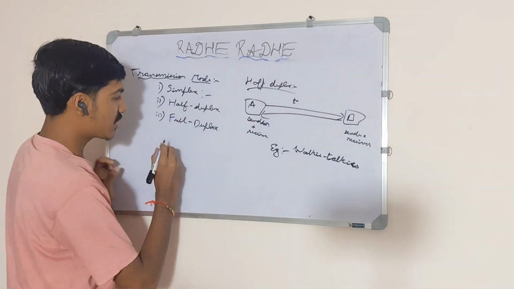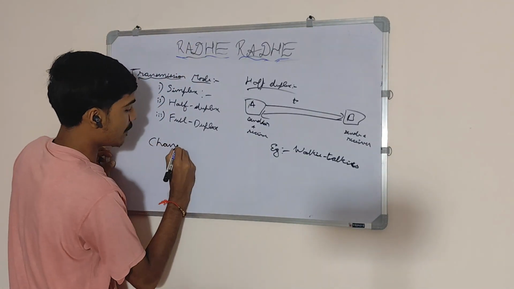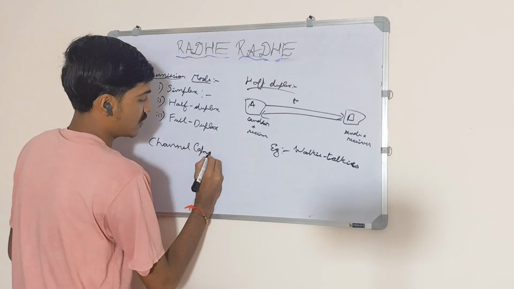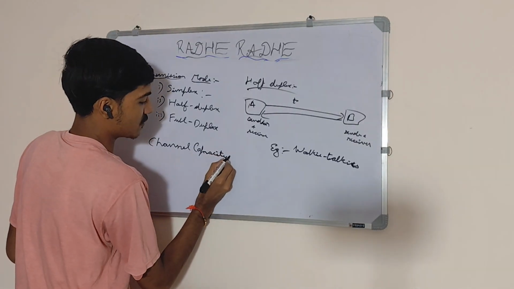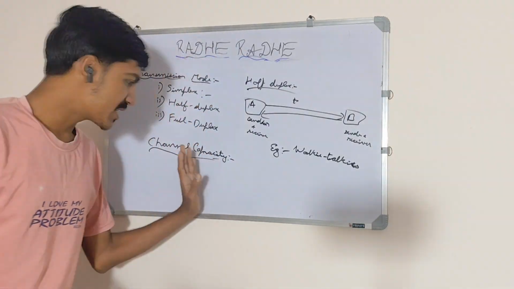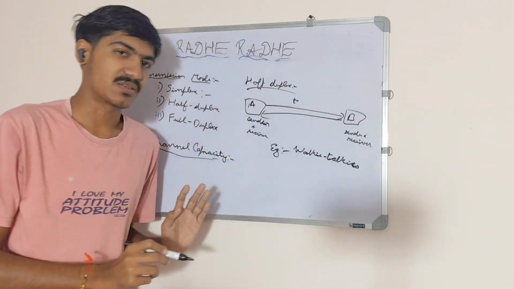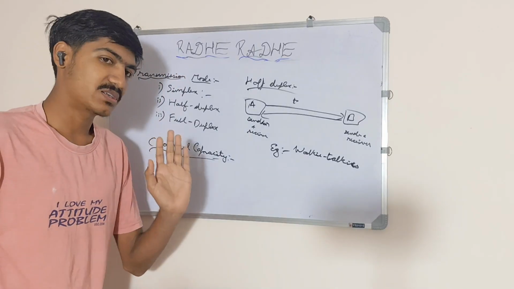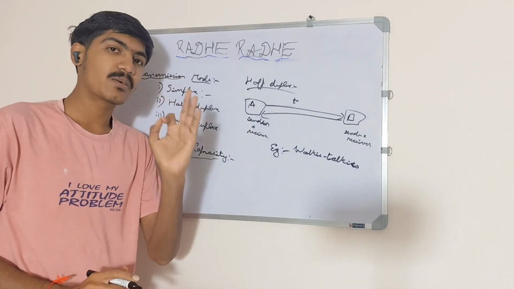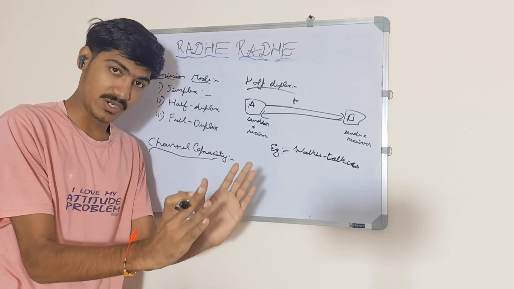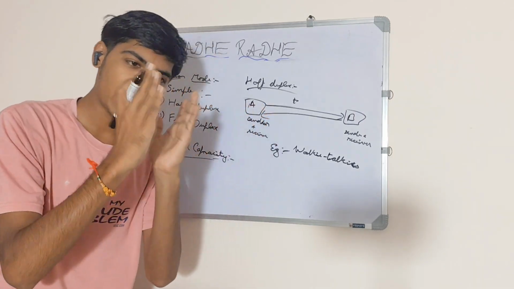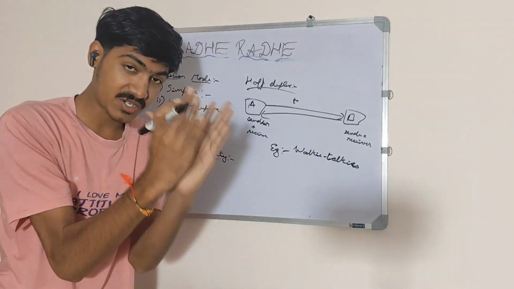We have something called channel capacity. This you will not find in your college textbooks. What is channel capacity? Link capacity. Nothing but at any time t, how many bits it can hold, or how many bits it can transmit in one particular unit of time.